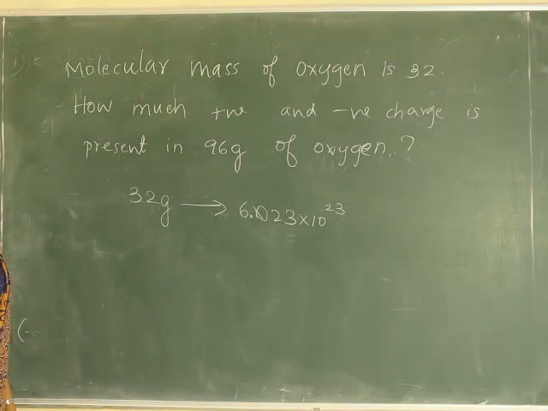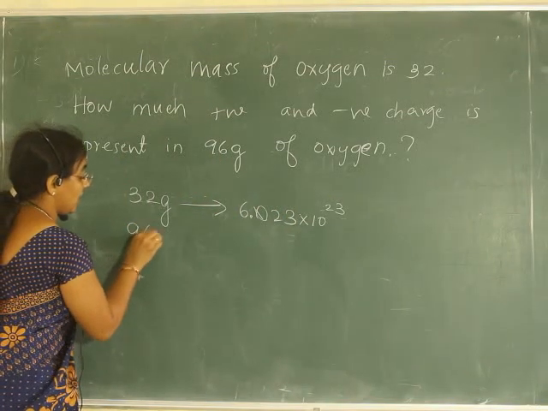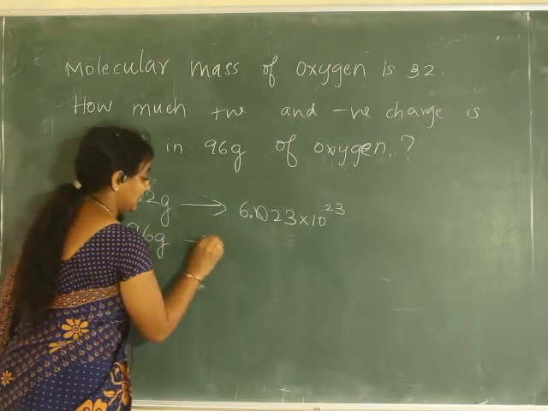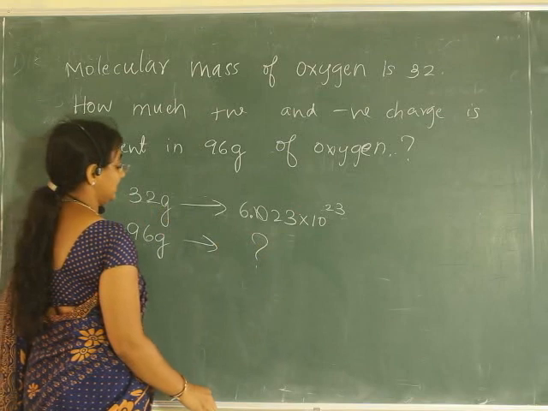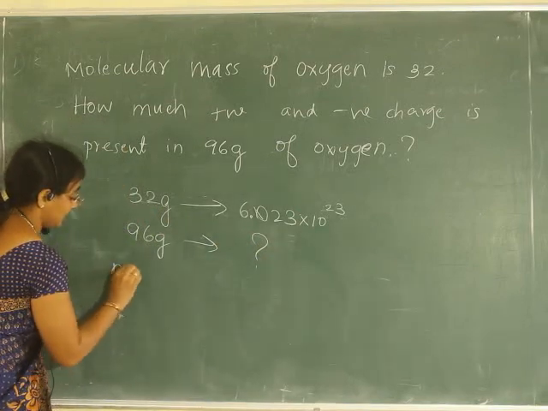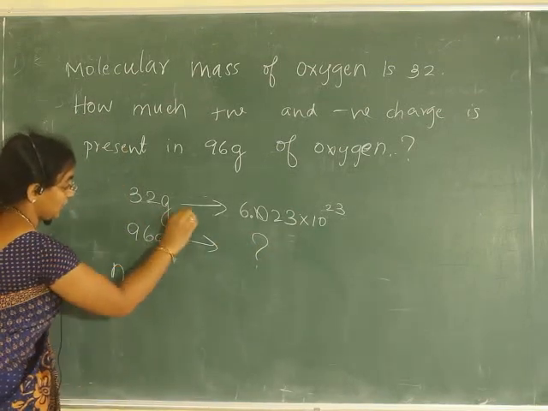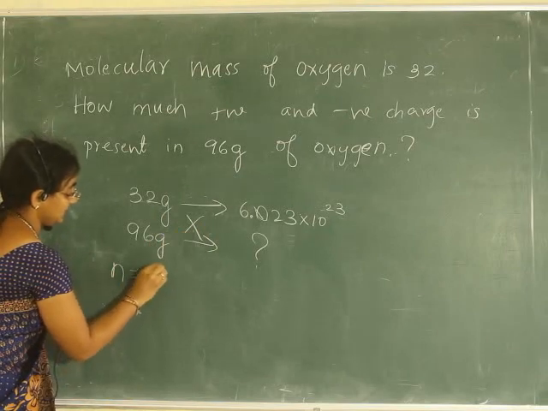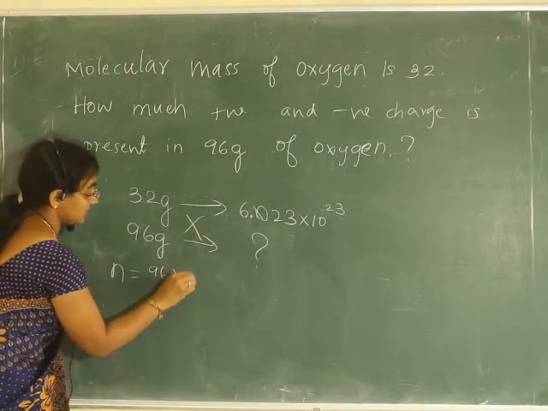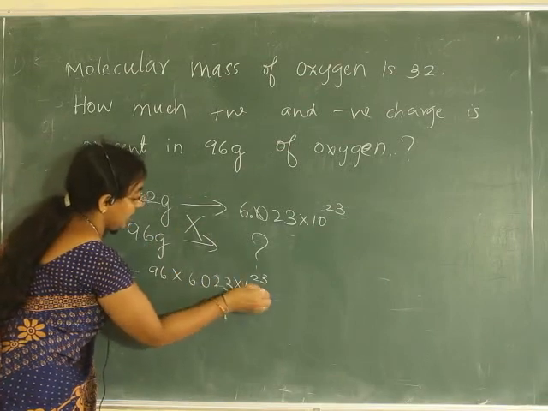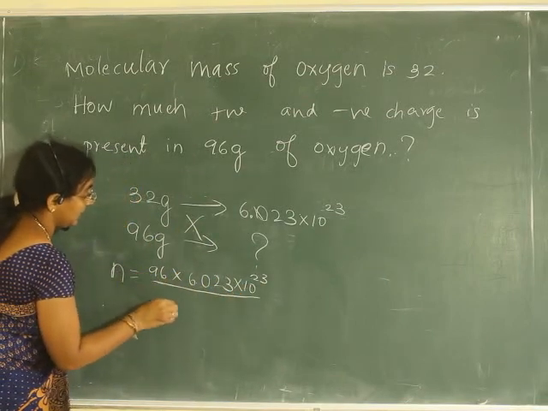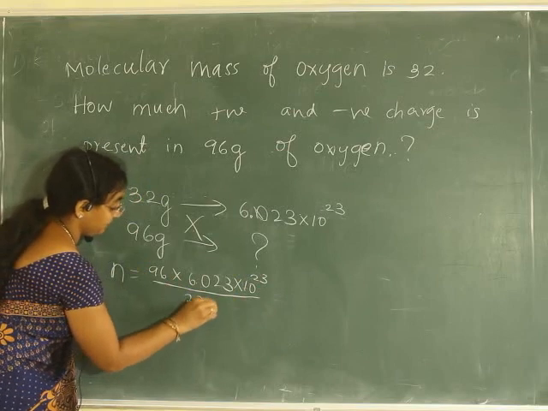Then 96 grams of oxygen contains how many molecules? So I can write n number of molecules, N is equal to, cross multiply: 96 into 6.023 into 10 to the power 23 divided by 32.